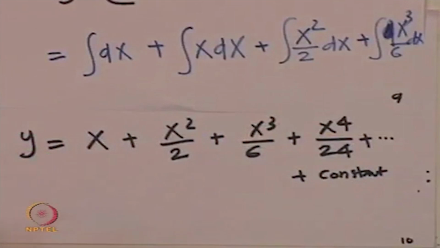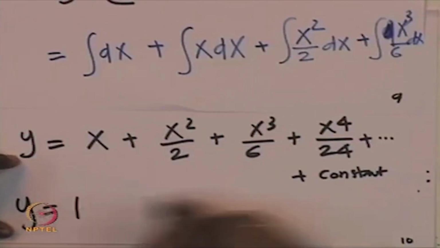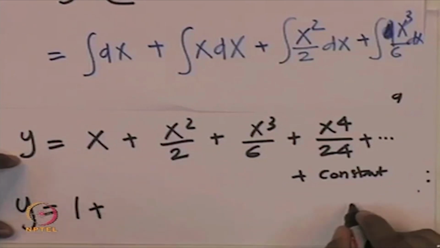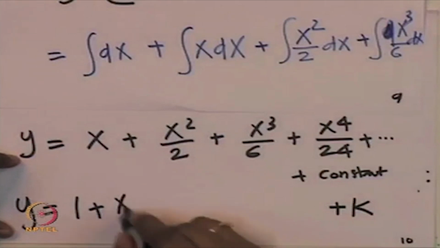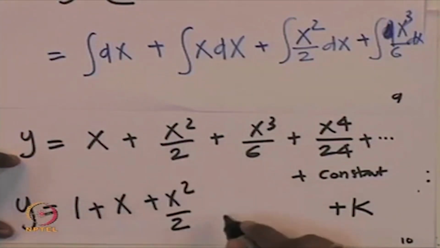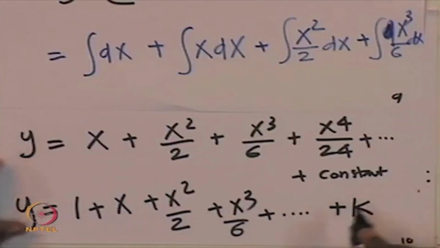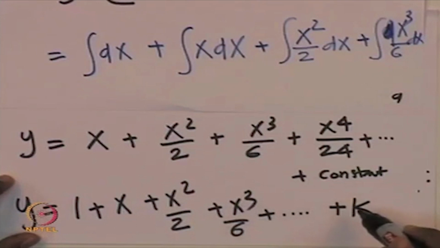So, let us rewrite this: y is equal to 1 plus constant k, plus x, x square by 2, x cube by 6, plus dot dot dot, the many terms. So, 1 plus x square by 2 plus x cube by 6 plus dot dot dot plus a constant k.